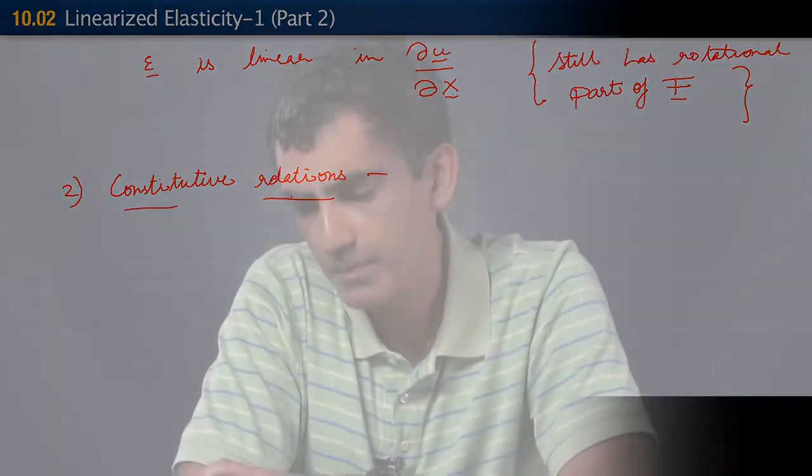If you ask most people what they understand by linearized elasticity or linear elasticity, chances are they are going to go straight to their understanding of the constitutive relations. So in the context of constitutive relations, linearized elasticity is so because you have a linear relation between stress and strain.